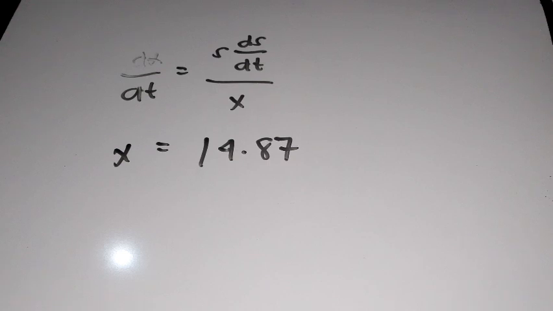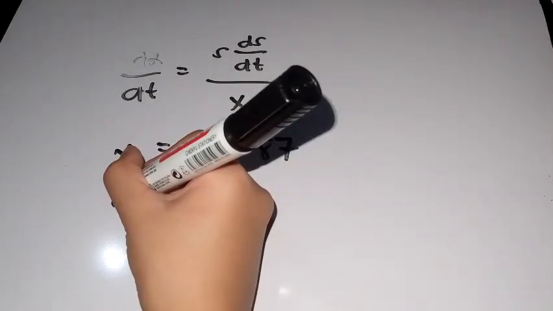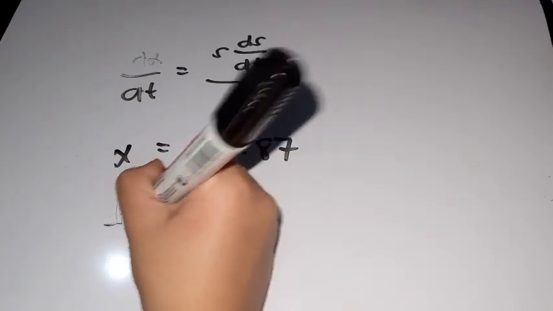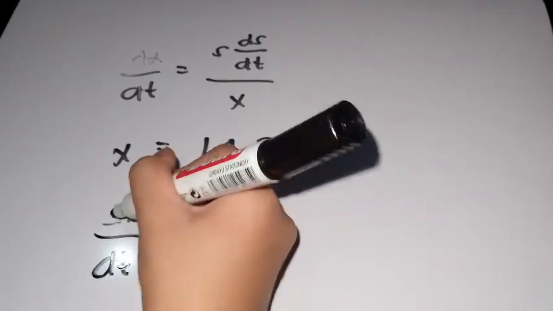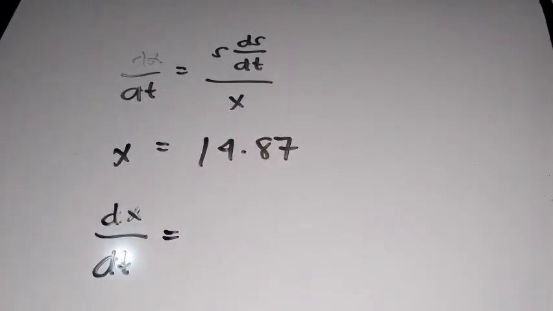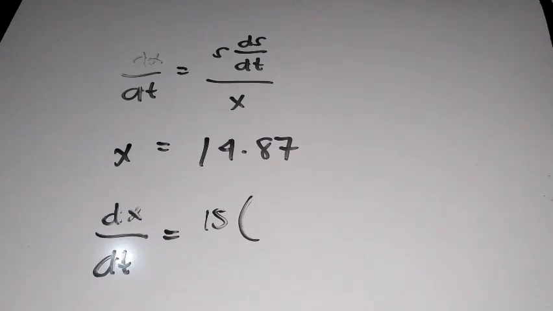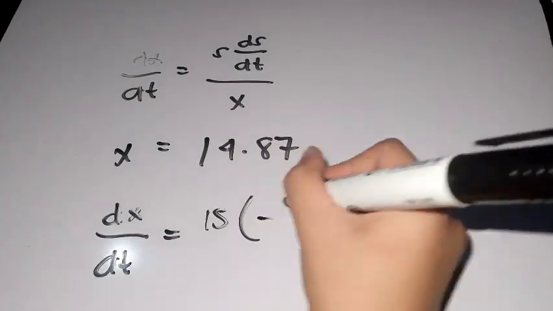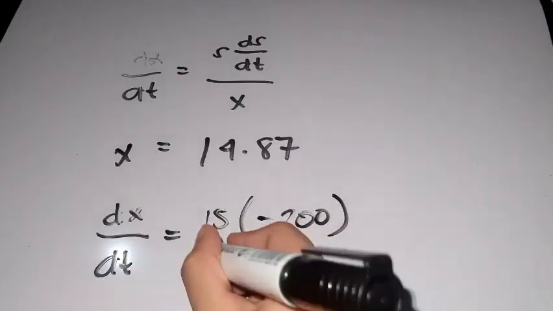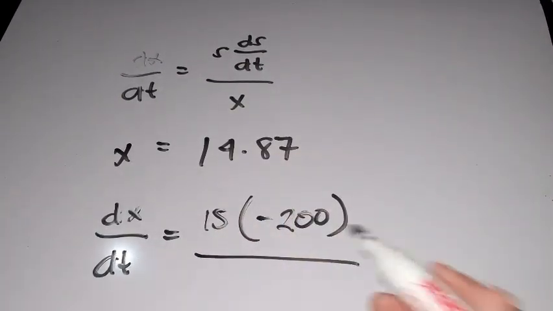Now all we need to do is substitute all the numbers from the given and from x into dx/dt. So just copy dx/dt. So s is again 15 multiplied by ds/dt. Our ds/dt is the decreasing rate per hour, or negative 200, over x, and our x is 14.87.